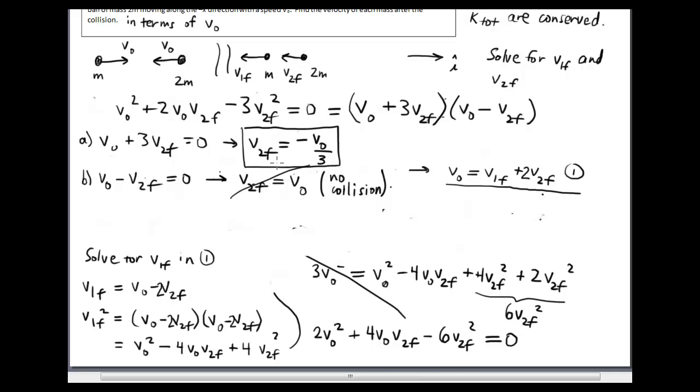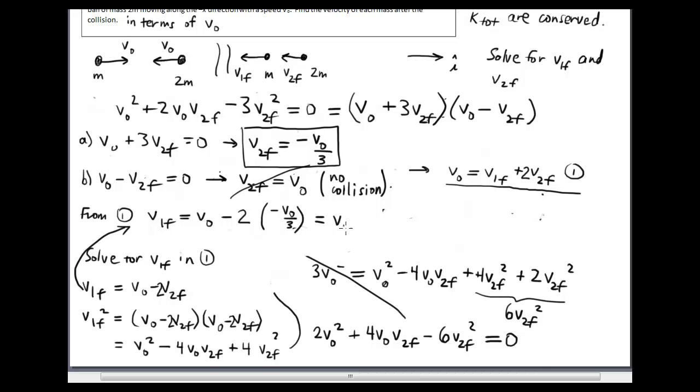So all I have to do now to finish the problem is solve for v1 final using equation 1. So from equation 1, actually we've already done that down here. We've got an expression for v1 final. v1 final equals v0 minus 2 v2 final, and I've got to plug in with the minus sign what I got for v2 final.